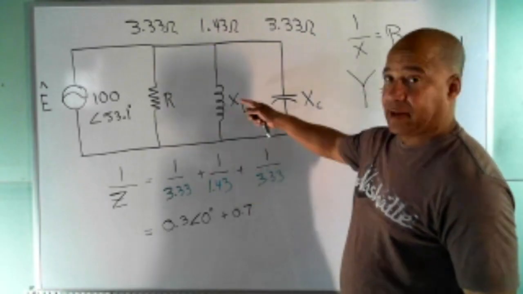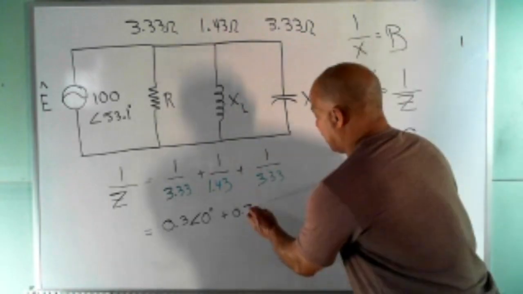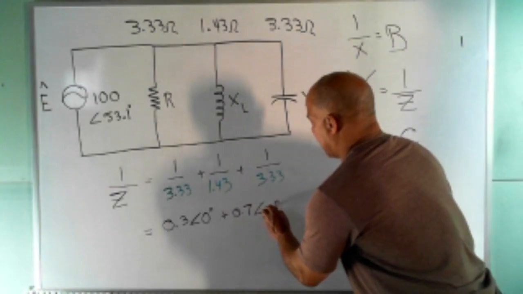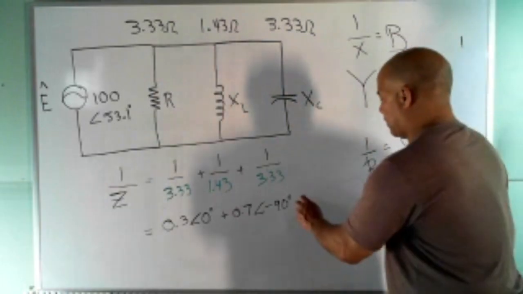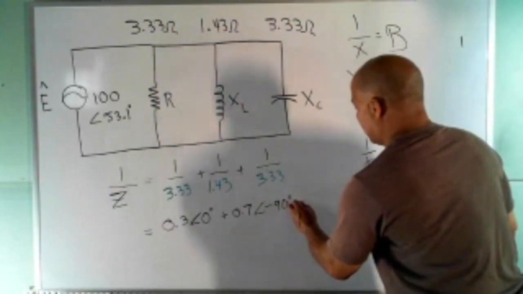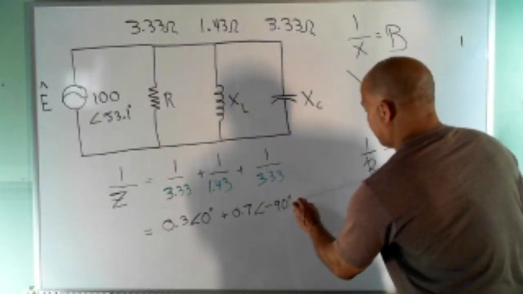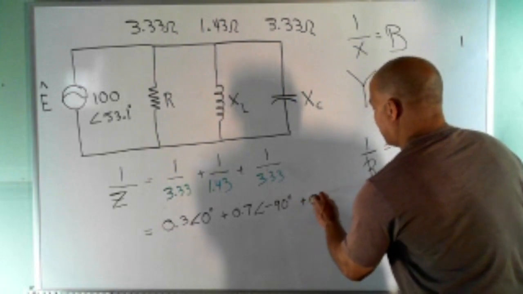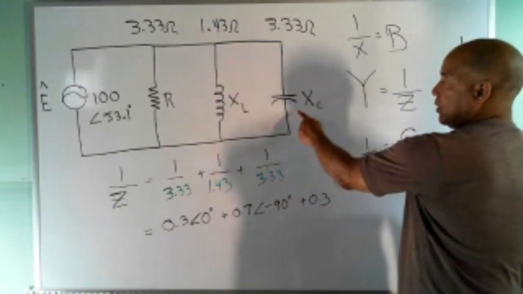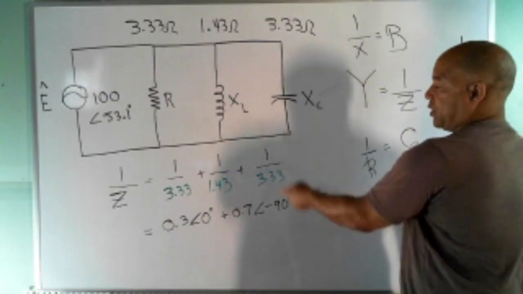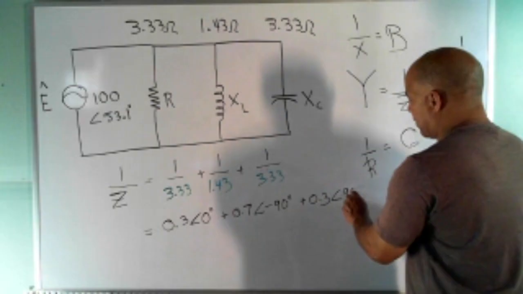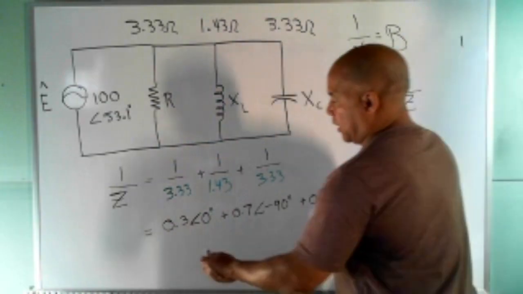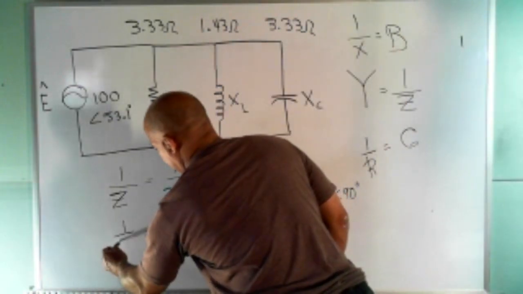So when I divide it, the angle comes up at a minus 90. And then for this one I'll get the same 0.3. The angle associated with this is a minus 90, so when I do the division, it comes up as a plus 90. So that all equals 1 over Z.